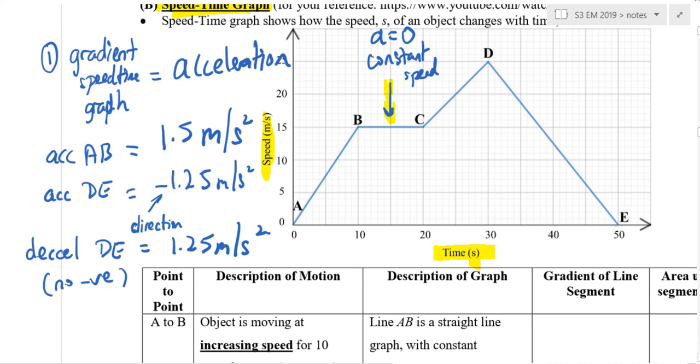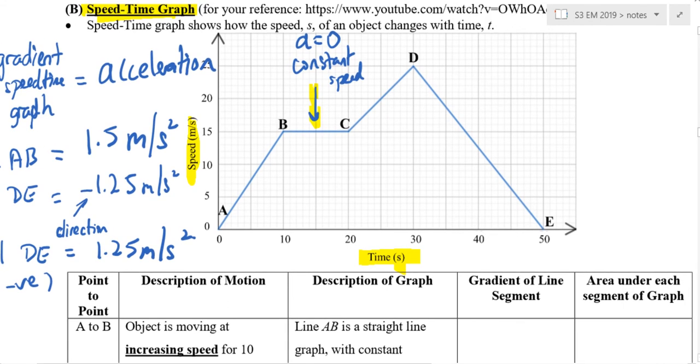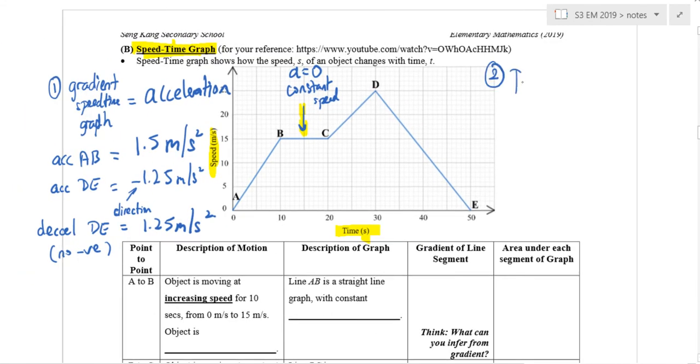Second one you want to understand is distance. Do you know you can calculate distance from this? And the way to do it is area under the speed time graph.